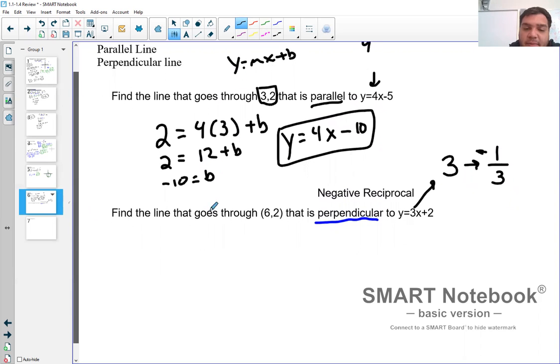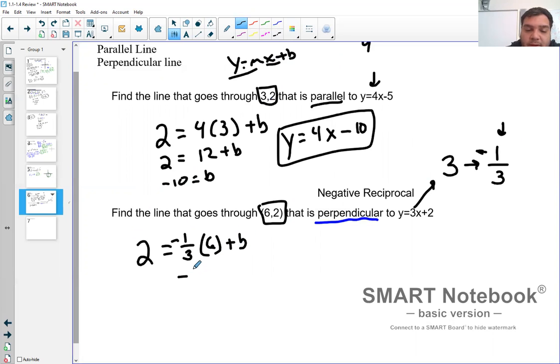But the same concept, I'm going to take the point and the slope that I identified, which is over here, and plug it into y equals mx plus b. So 2 equals -1/3 times 6 plus b. -1/3 times 6 is -2, I should have done that on the side.